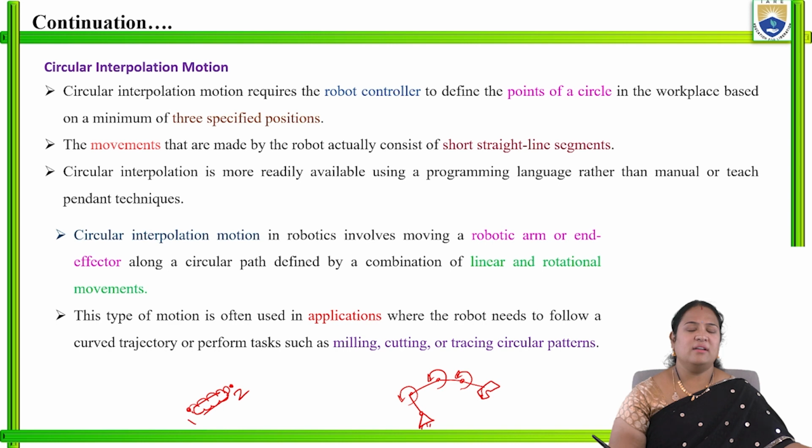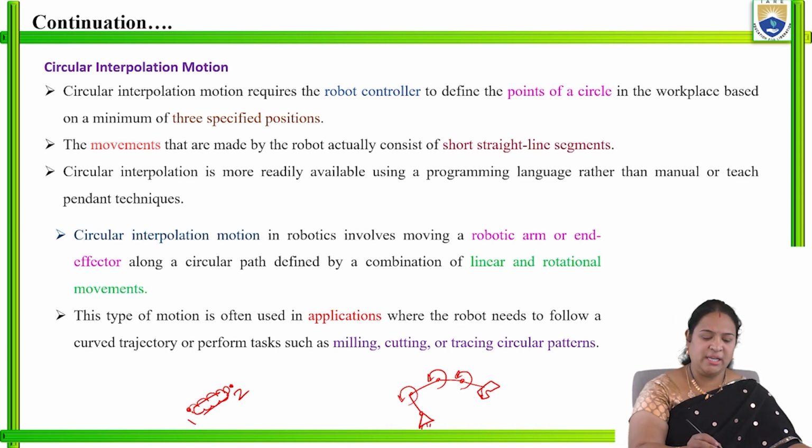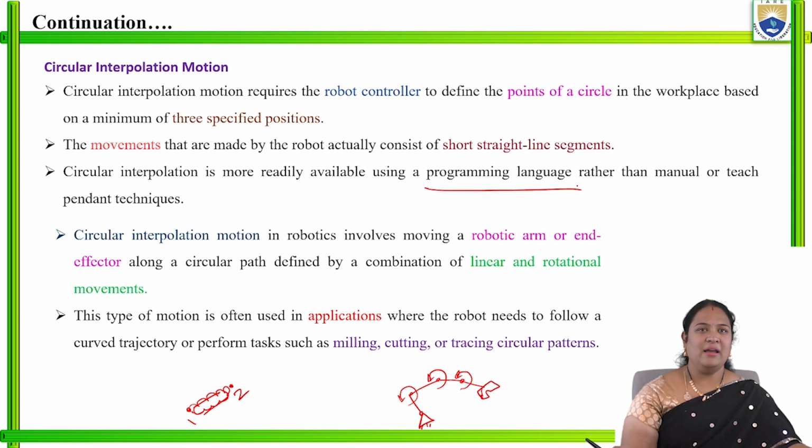Not only that, the circular interpolation is more available using a programming language rather than manual or teach pendant techniques. Generally, the circular interpolation will be done using a programming language.